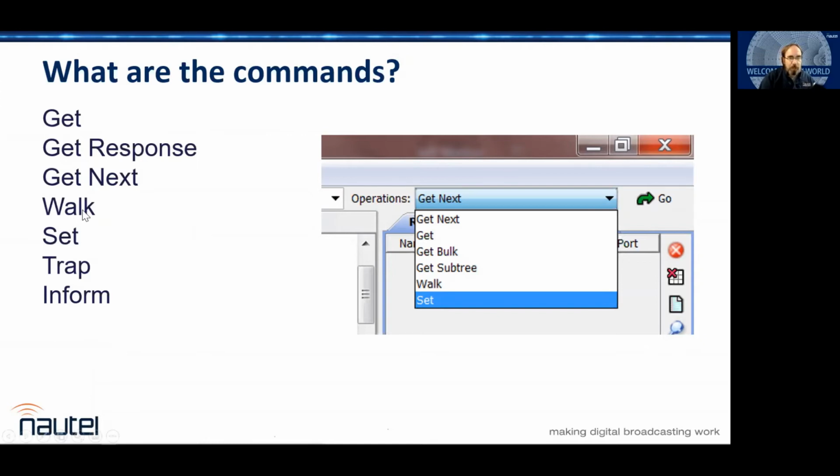Walk basically just starts at the beginning and goes step by step all the way through the entire MIB file. So if you've got a browser that's looking at everything, it will constantly pull. Most of these browsers are designed to monitor computer networks. So a lot of times when you turn it on, it will scan your network.